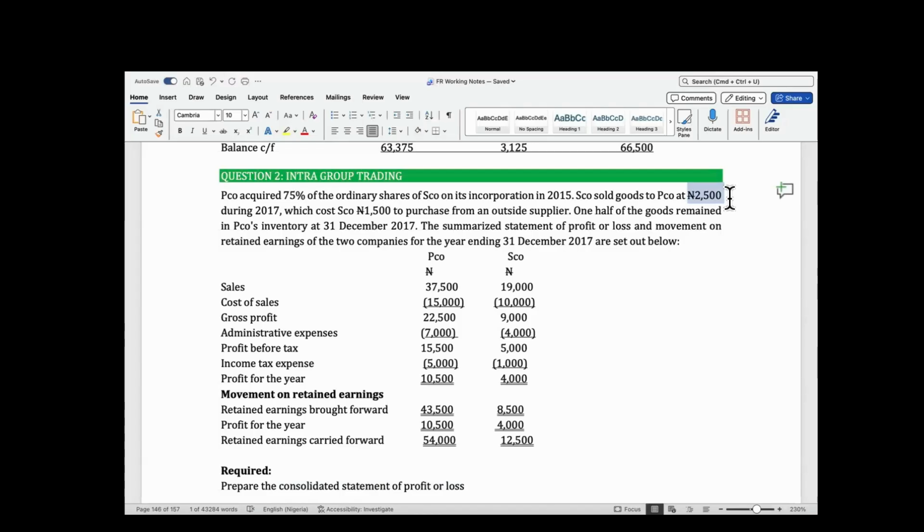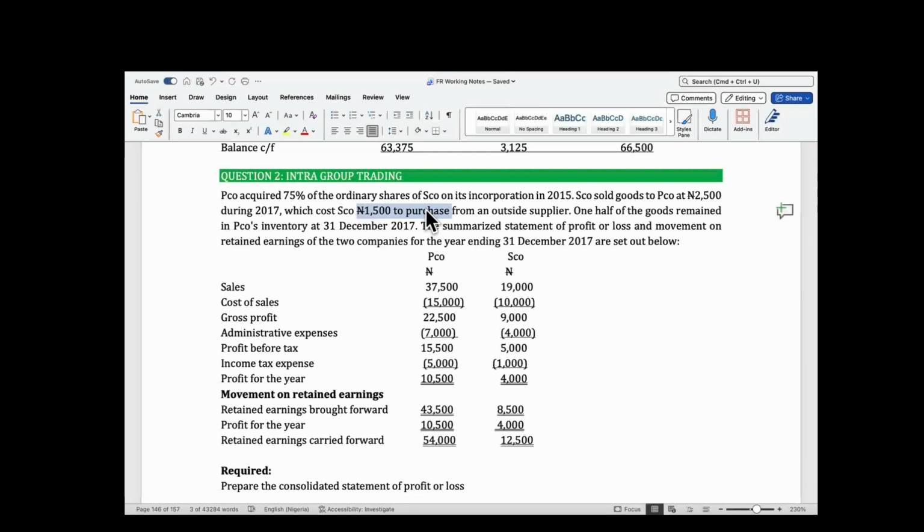Additionally, the goods that ESCO sold at 2,500 actually cost ESCO 1,500. So by implication, ESCO has made a profit of 1,000.